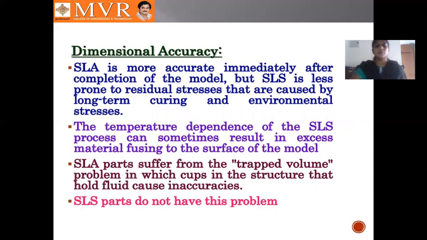The temperature in the SLS process can sometimes result in excess material fusing to the surface of the model. SLA parts suffer from the trapped volume problem, in which capsule structures hold fluid and cause inaccuracies. SLS parts do not have this problem.